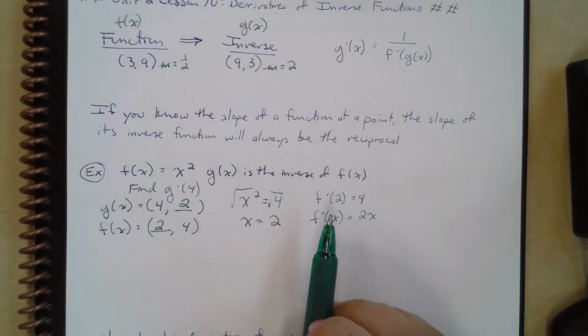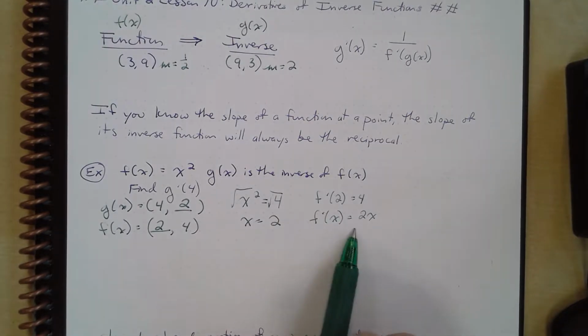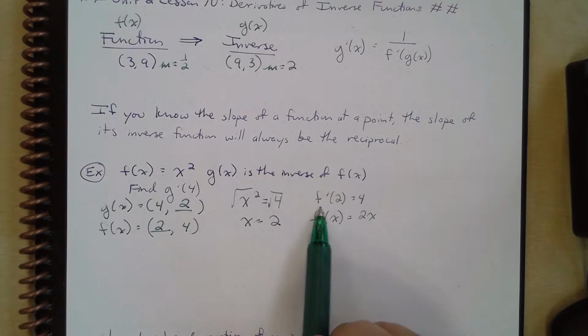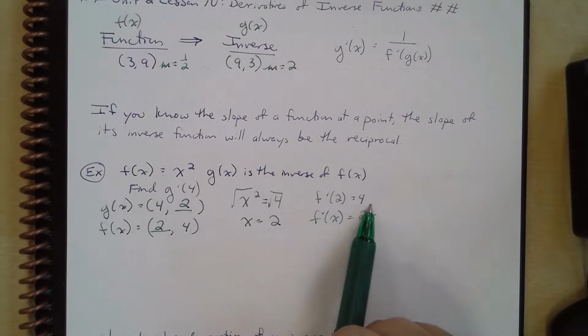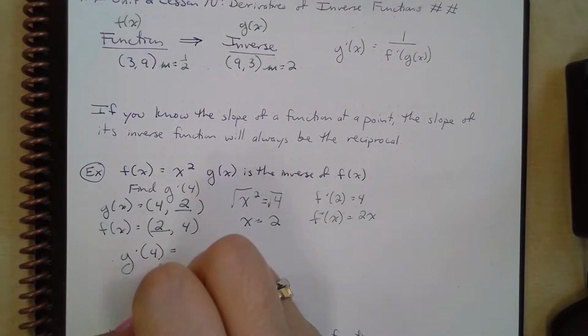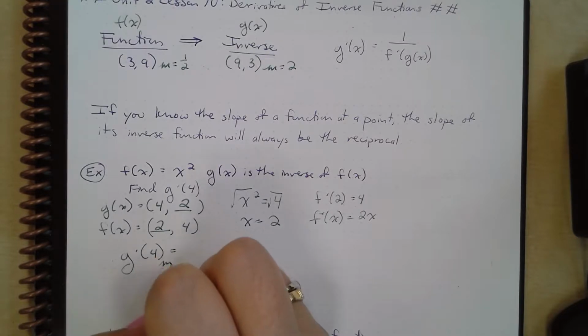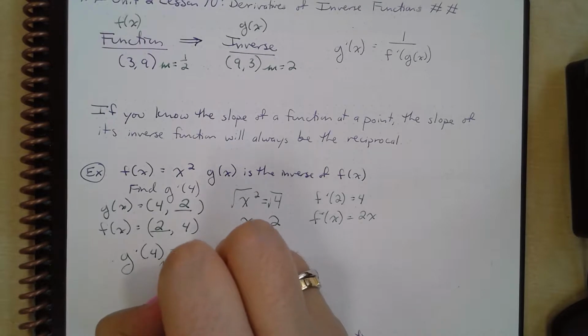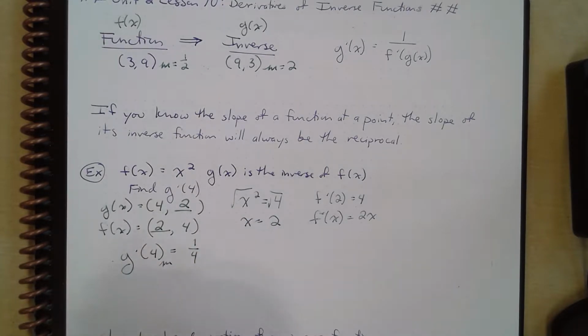So the slope of f at that point is 4. The slope of the inverse, g prime of 4, which I'm going to call m to indicate that it's the slope, is going to be equal to 1 over 4. I hope that makes sense. You see, we found our derivative.